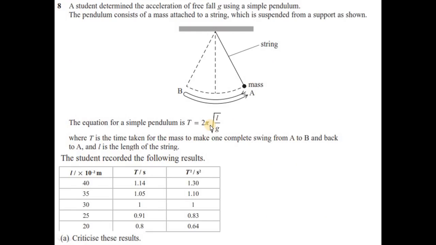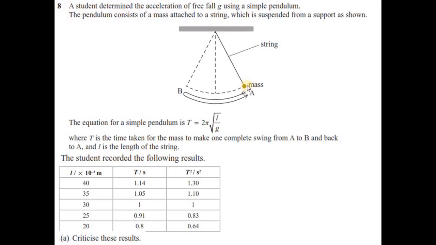Question number 8. A student determined the acceleration of free fall g using a simple pendulum. The pendulum consists of a mass attached to a string which is suspended from a support as shown.